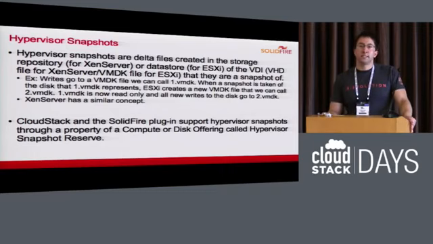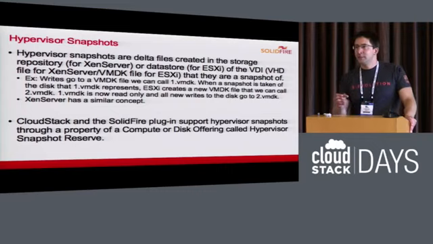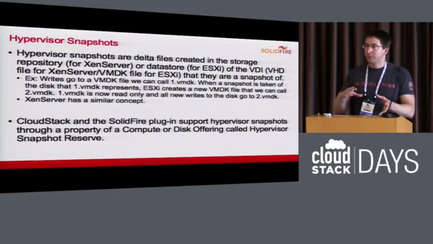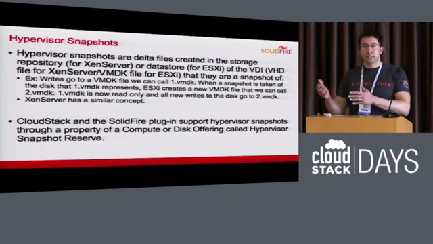Now let's say somebody says, I want to take a snapshot, not a hypervisor snapshot, I want to take a storage snapshot of that virtual disk. Well, that virtual disk is on a backend volume along with the storage repository, which is fine. We can take a snapshot instantaneously on the SolidFire system.